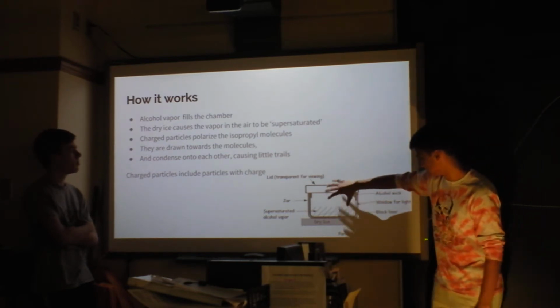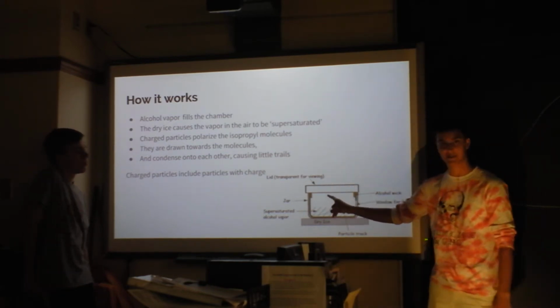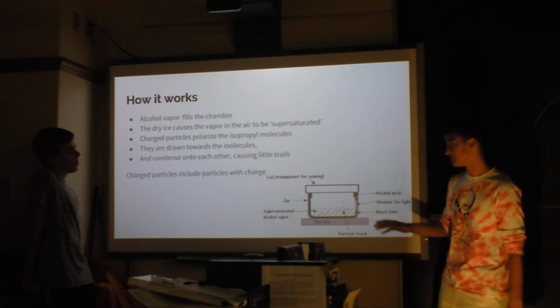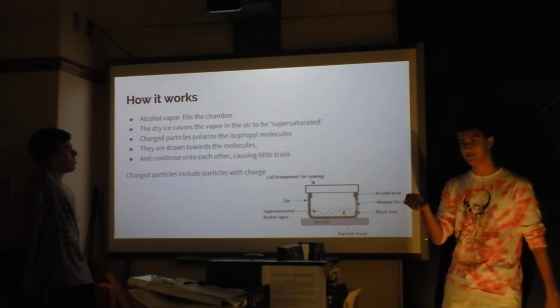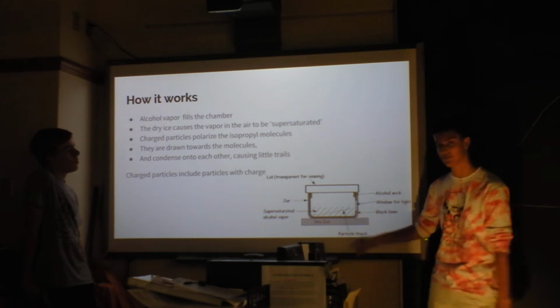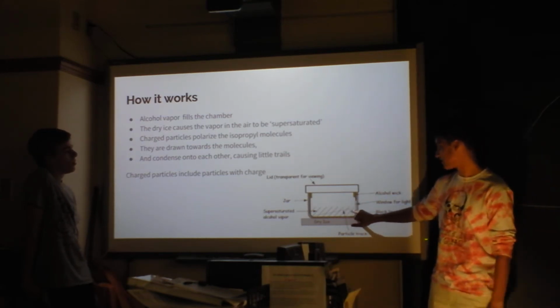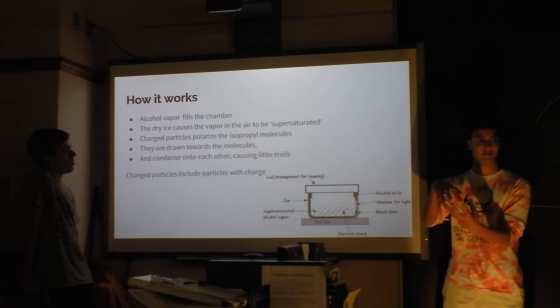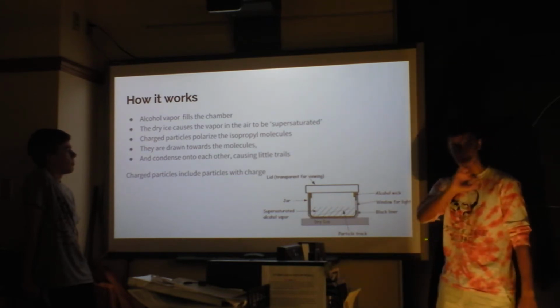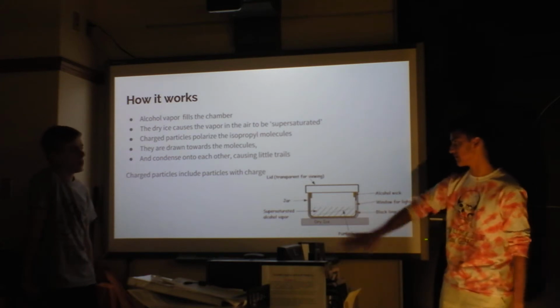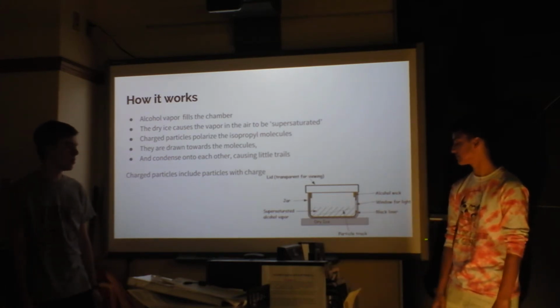So actually what happens is the entire gas that's in here becomes very cool, almost to the point of liquefying. You'll get radioactive particles which move through the air pretty fast. They're really cool. They will polarize your alcohol, and then it'll condense on itself. And so you get really cool looking liquid alcohol trails moving through this chamber.